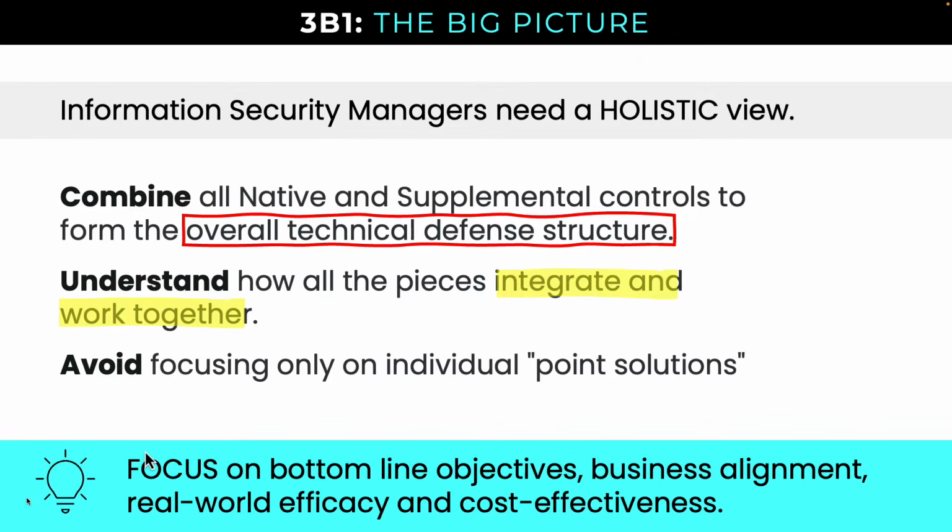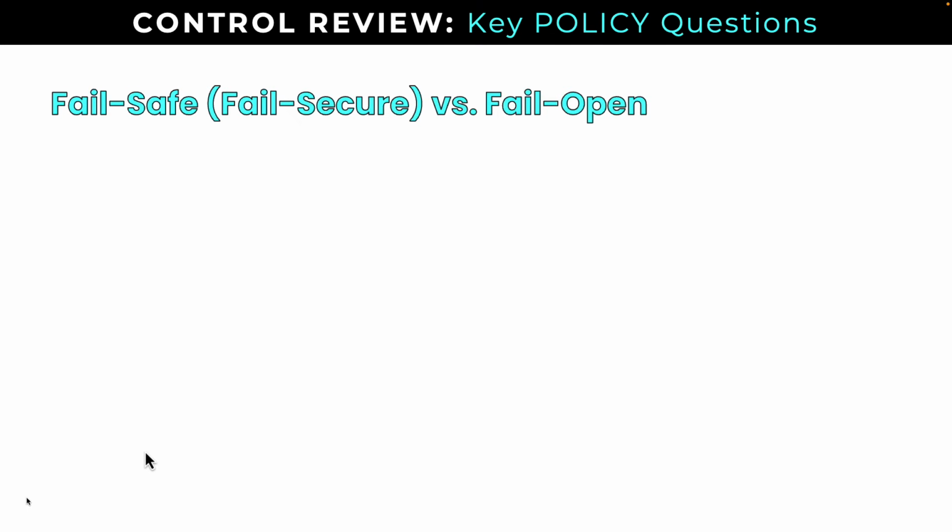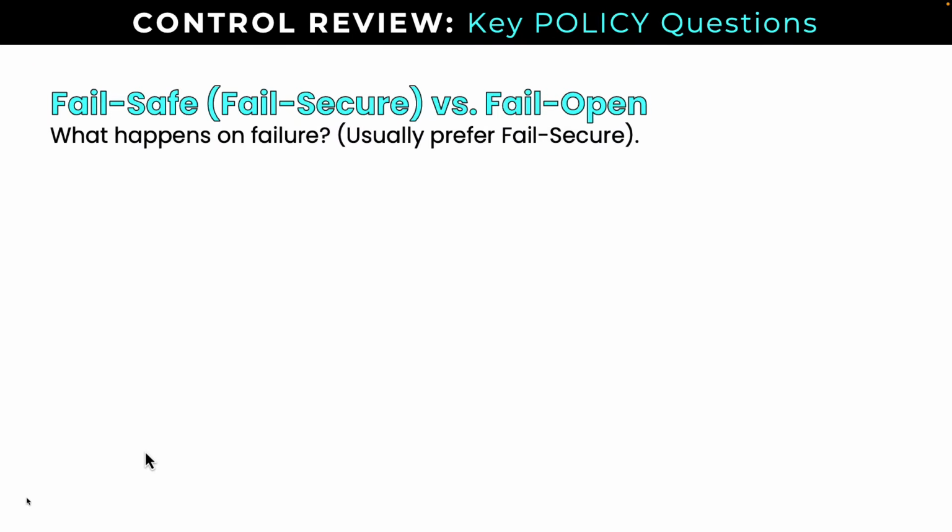Next, I want to step through some questions we need to be prepared to ask ourselves as we're reviewing controls. So we'll start with key policy questions. Fail safe versus fail open. So what happens when a system fails? We usually prefer what we'd call fail secure, but not always. More on that in a second. Restrictive versus permissive.